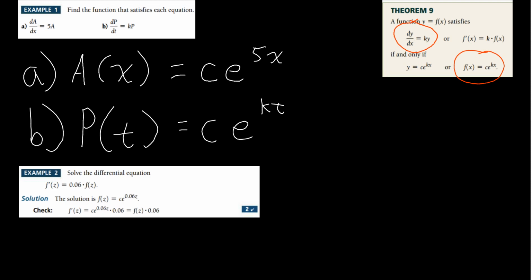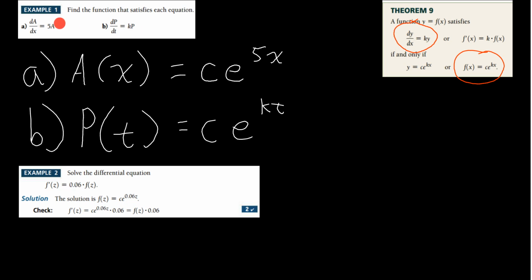All right, so it reads solve the differential equation, and we have f prime of z is equal to 0.06 times f of z. Well, we know that the solution is just going to simply be C e, raised to, and we see our derivative there, 0.06, which we have here.